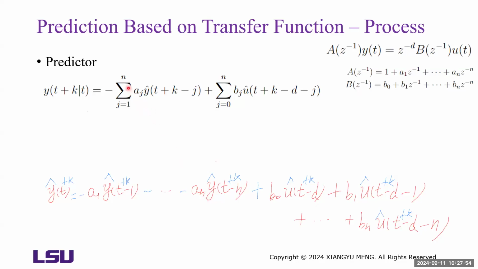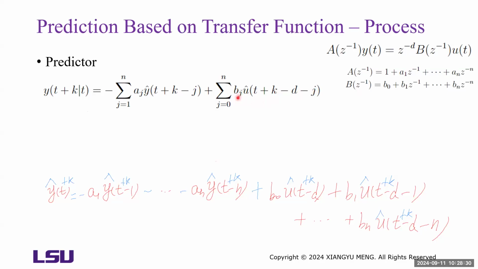So the first sum will be negative, the sum for j from 1 to n of a_j y hat t plus k minus j. For the second term, it starts with 0. We have b0 to bn, so j will be from 0 to n. When j is 0, we have b0 and then u at t plus k minus d minus j.